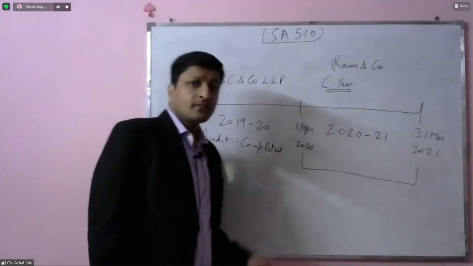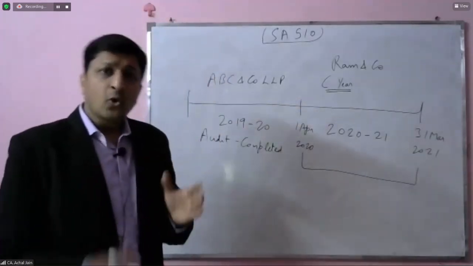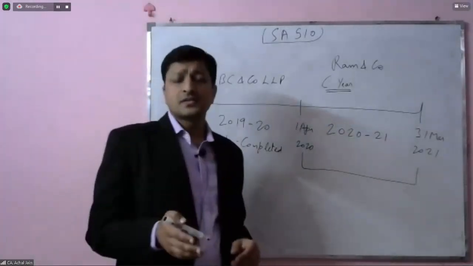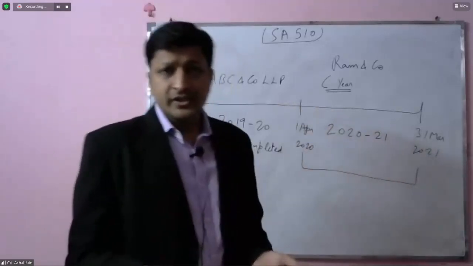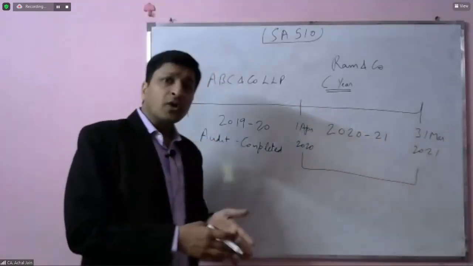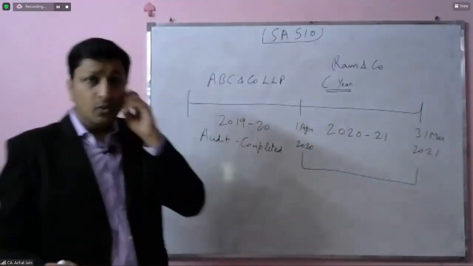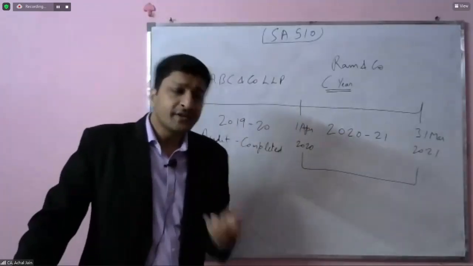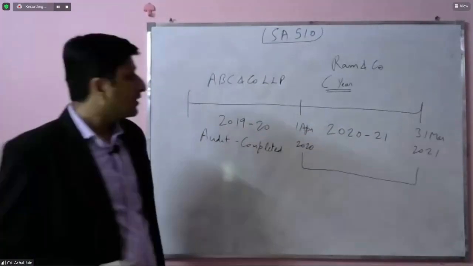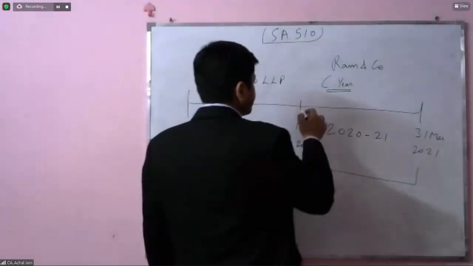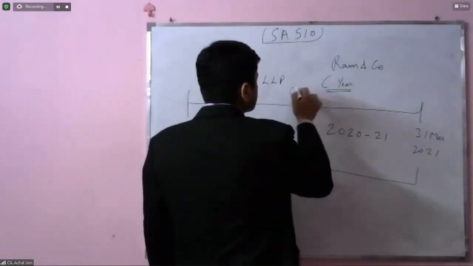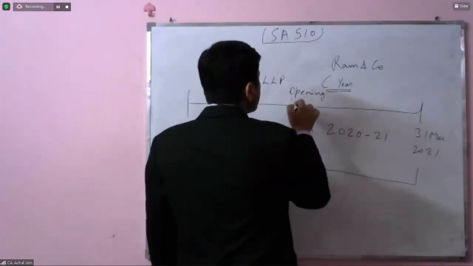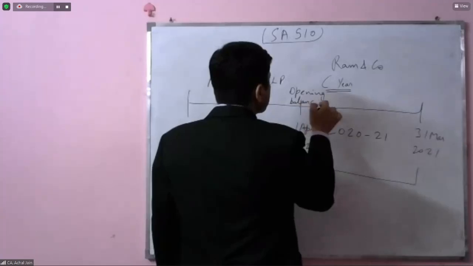Secondly, when we close the financial statements, the closing balances of the balance sheet will move on to the next year, and they will become the opening balances.